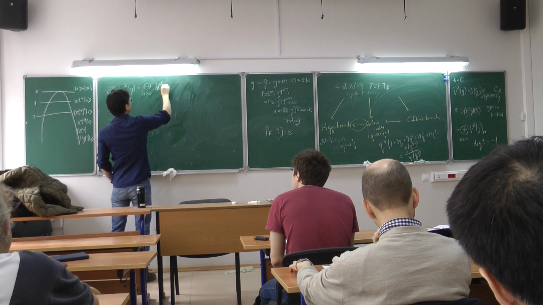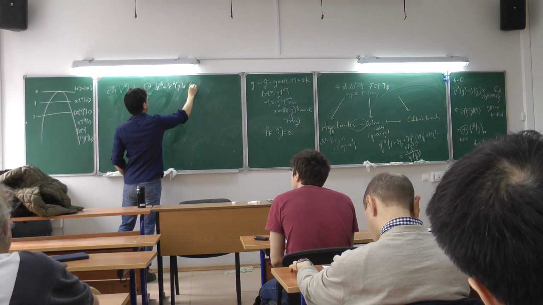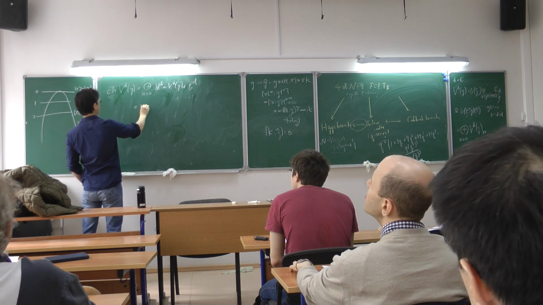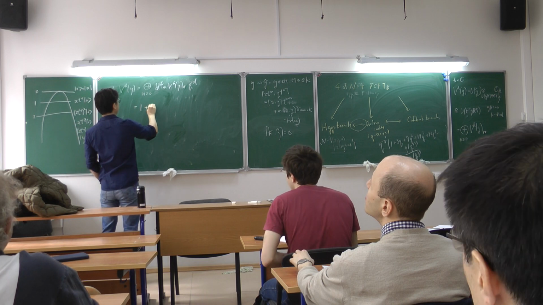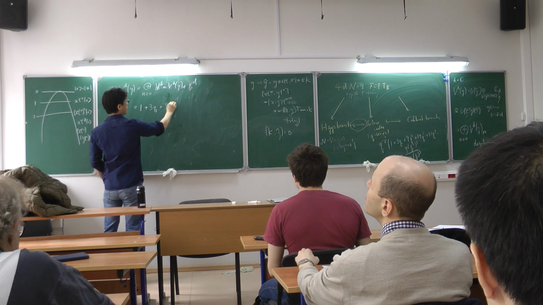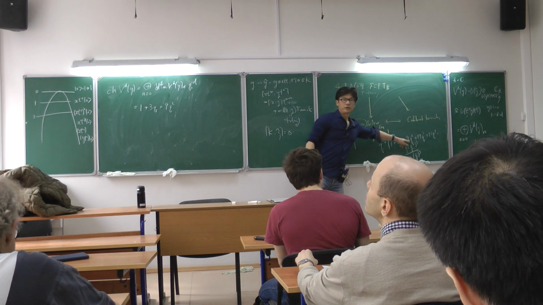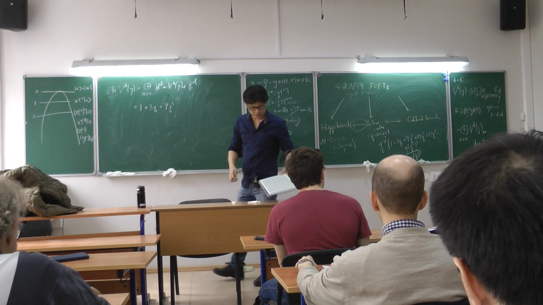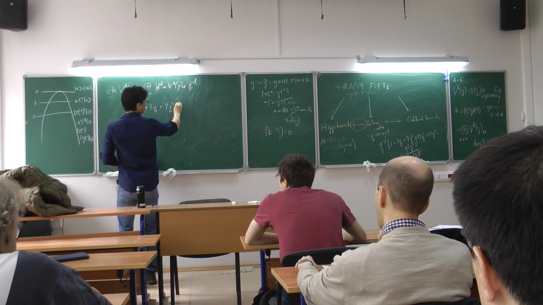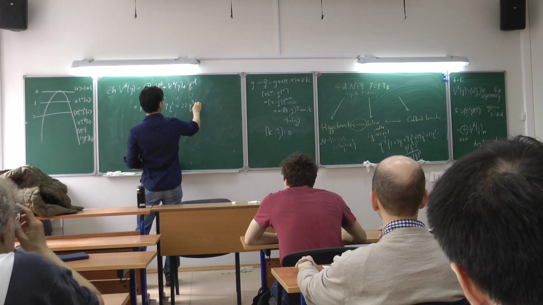So if you consider the character of this representation, defining the character as this, it looks like 1 plus 3q plus 9q squared, and it agrees with the Schur index from there. But the next term is unfortunately different.